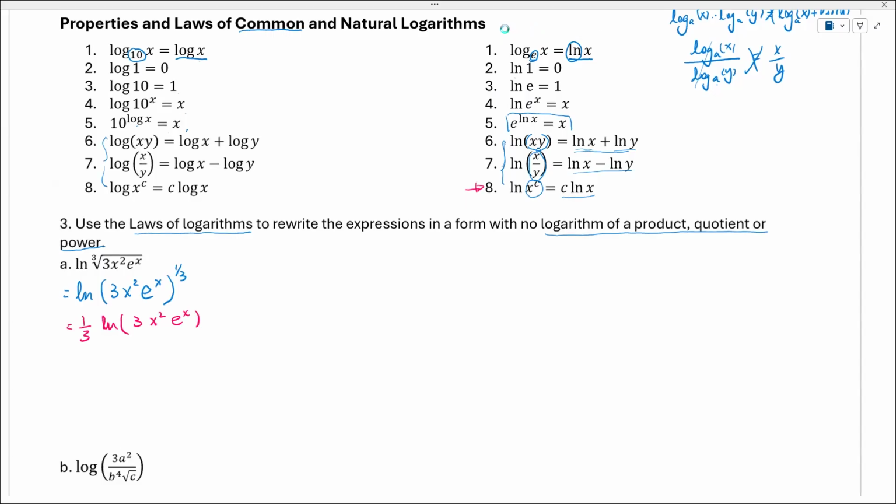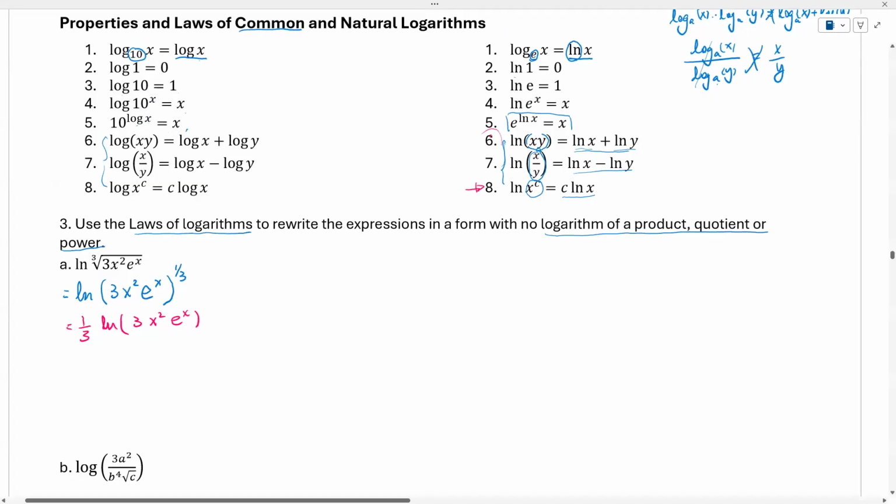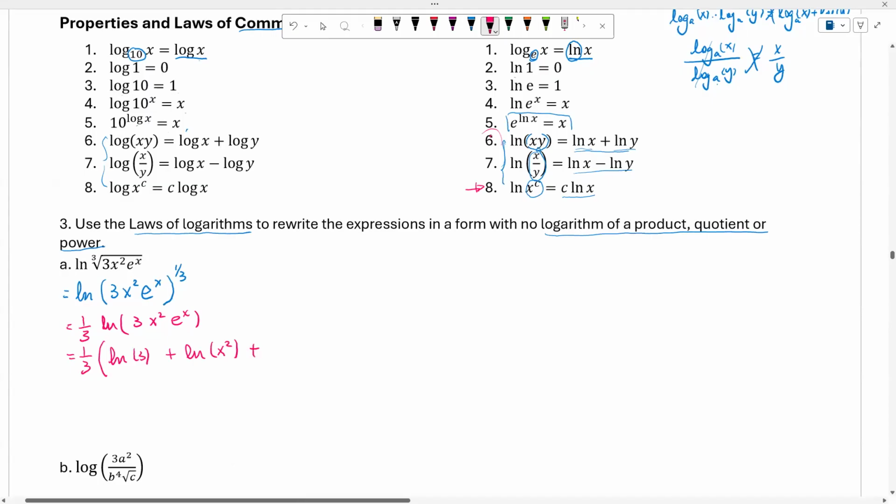Because this is multiplication, we could use number 6 to rewrite this into the sum. So I will have 1 over 3 multiplied by natural log of 3 plus natural log of x squared plus natural log of e to the x.